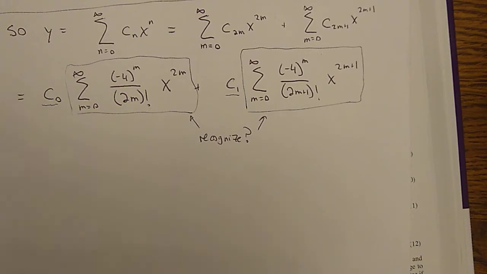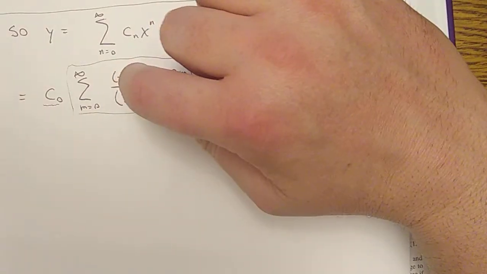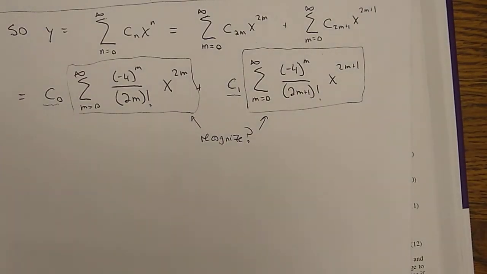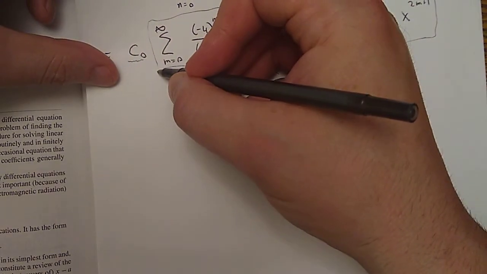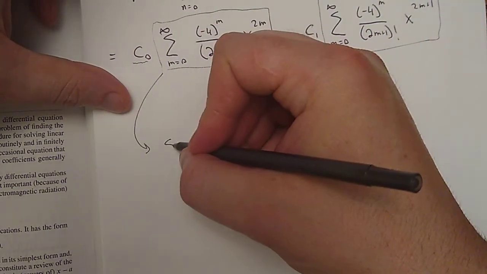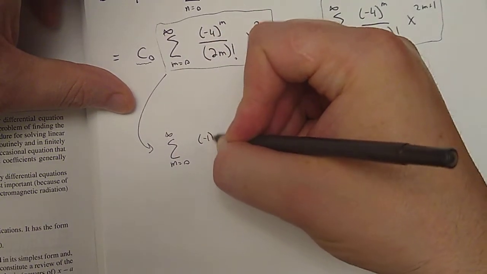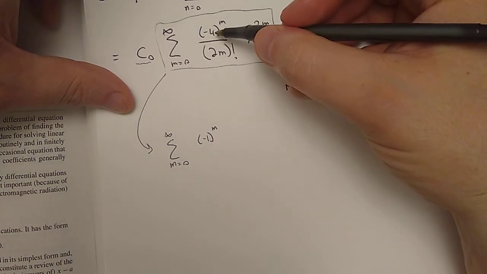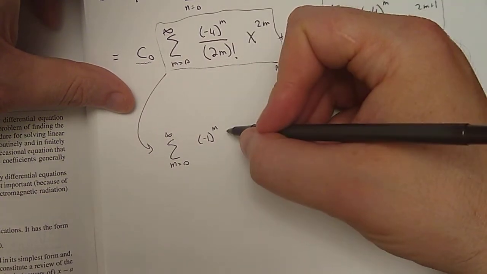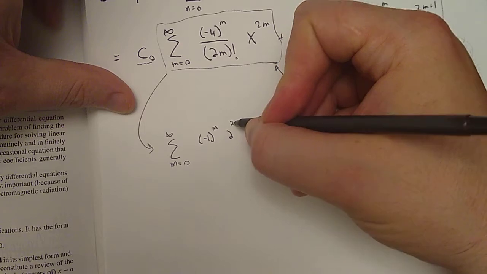For us, we would have an alternating sign because this is like a negative to the m. So these coefficients are going to have a positive, negative pattern. In fact, this one can be rewritten as (-1)^m times 4^m, but let me be a little bit more clever.